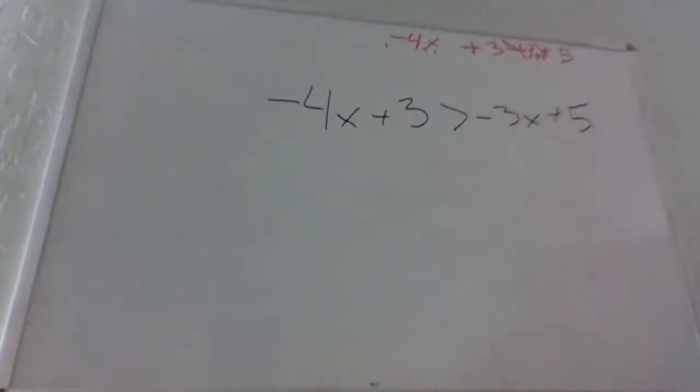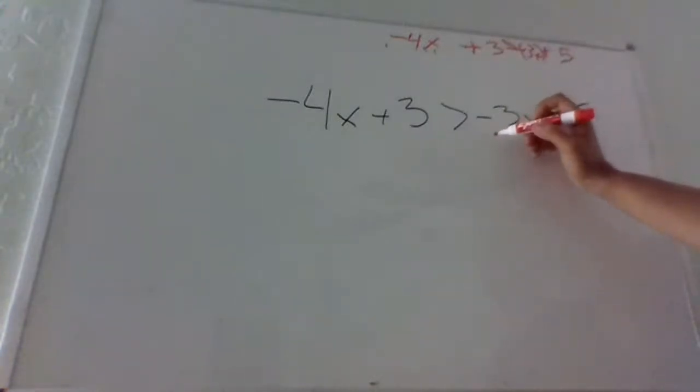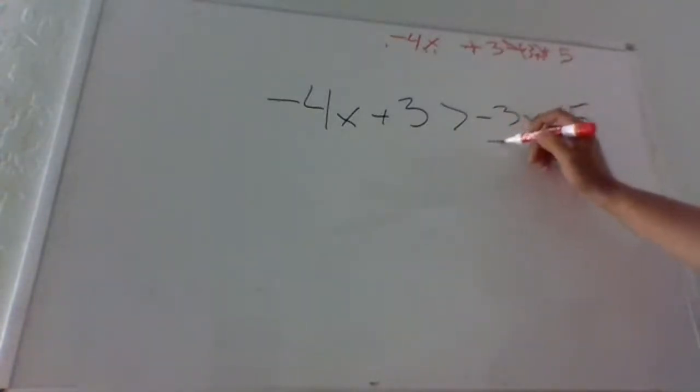Okay. I will be cutting this -3 with 3, and both sides with 5.